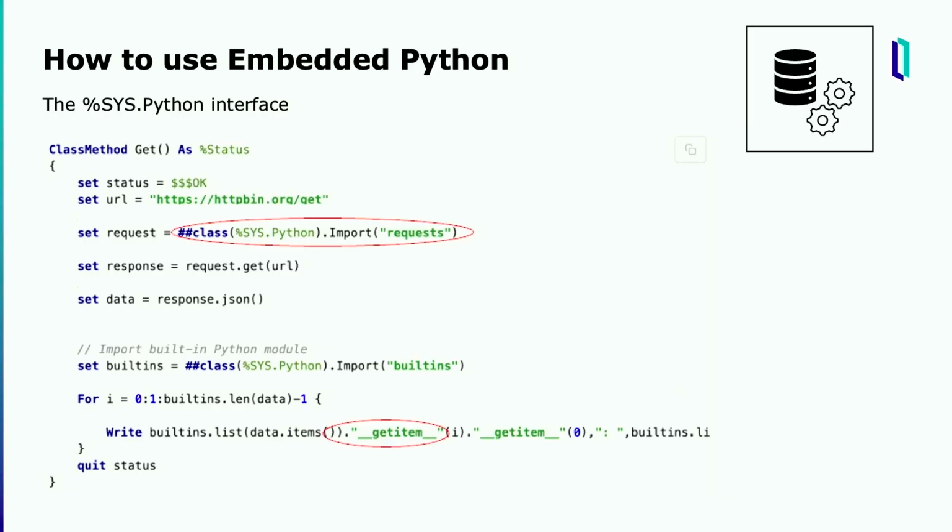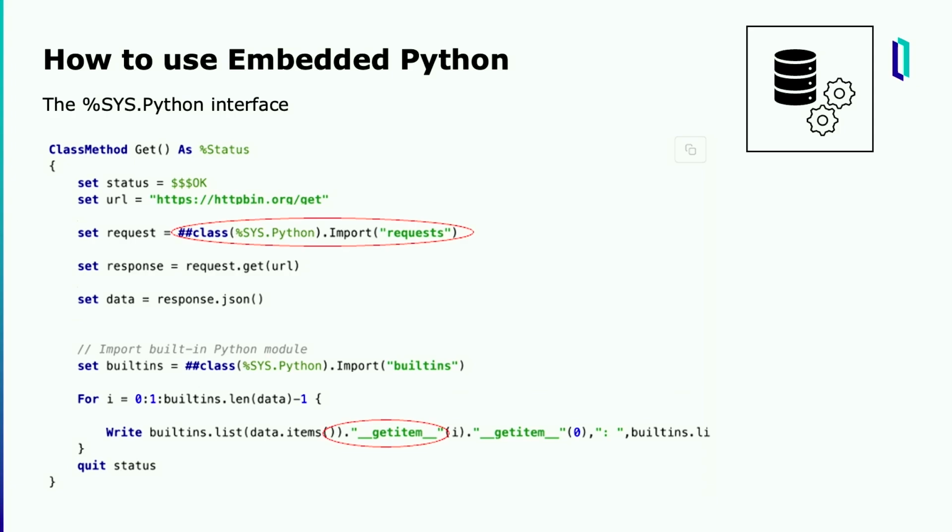The other option is, as discussed, the %sys.python interface, which basically does the same thing as the code we've just seen, which is Python code, but now from an ObjectScript perspective. So we can import the requests package and then call all the methods that this package actually exposes and work with it as if it would be an ObjectScript library.